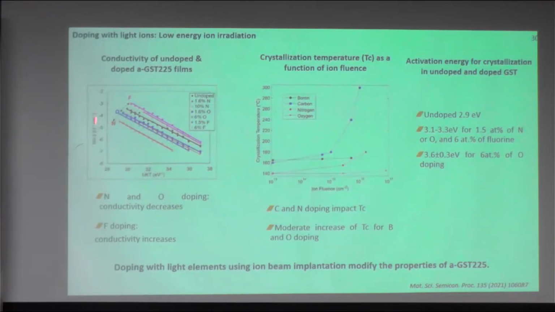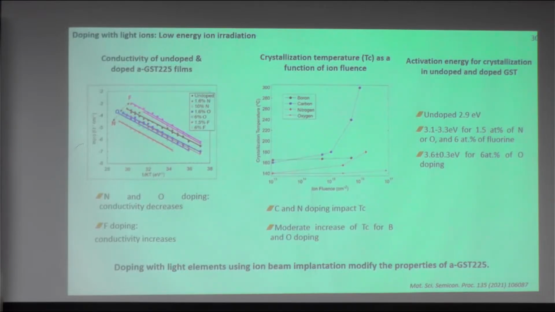This graph shows that if we introduce nitrogen or oxygen into the material, we can reduce the conductivity of GST material. The black line shows the undoped material, and nitrogen and oxygen doping at on average 1.6 atomic percent can decrease the conductivity of GST material.